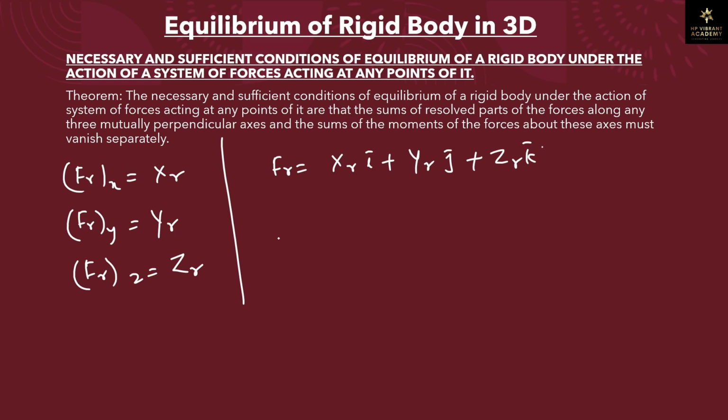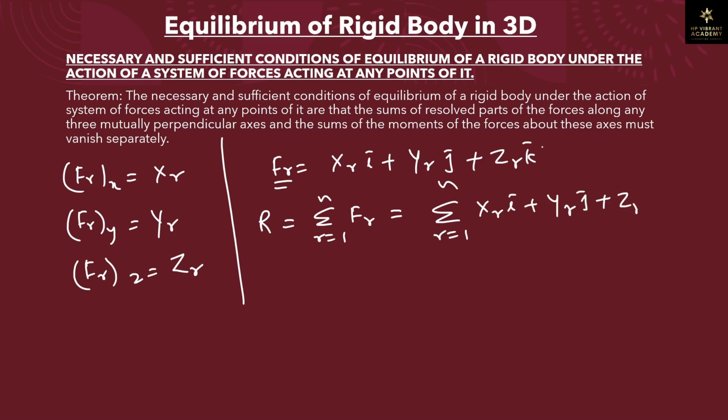The resultant R is equal to the summation r equal to 1 to n of Fr, which is the summation of xr i cap plus yr j cap plus zr k cap.